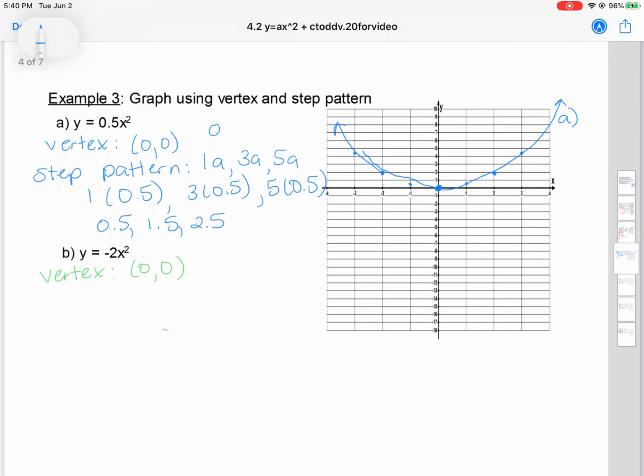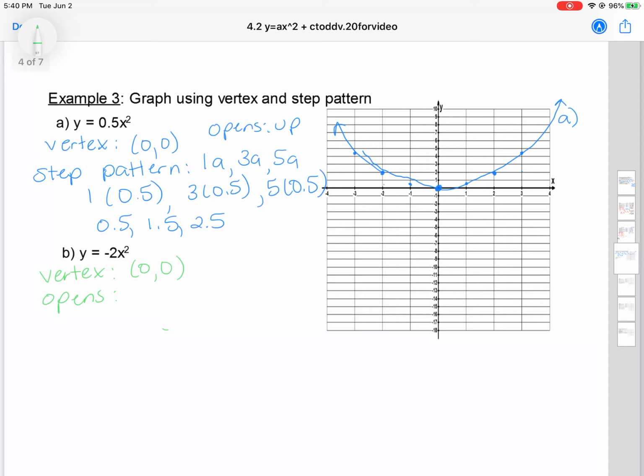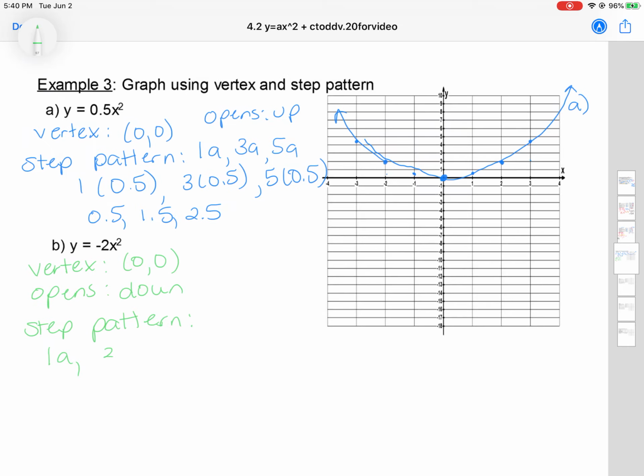Okay, so still have the base vertex. Actually, to be honest, even start writing opens up because you're going to do that later on as well. This one opens down, and we'll do the step pattern. -2, -6, and -10.